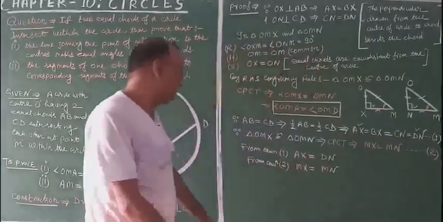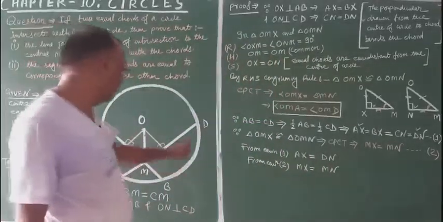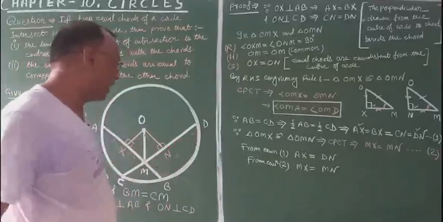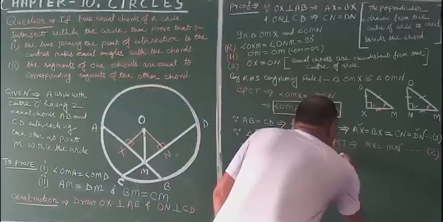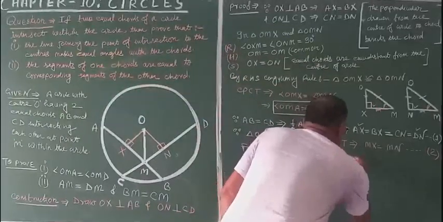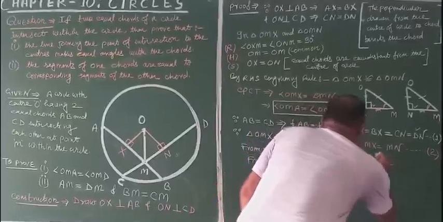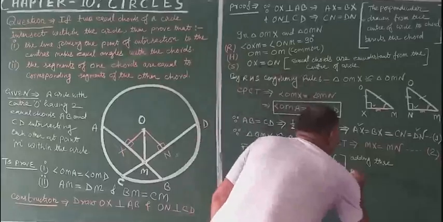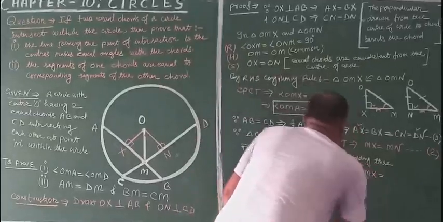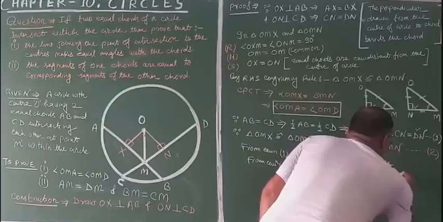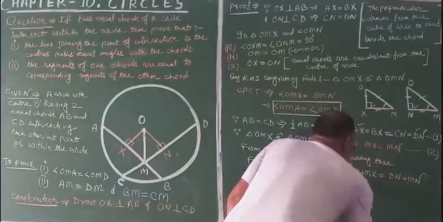If we add them, AX plus MX and DN plus MN. Now just add them. Adding it. What will you get? Just look at the left hand side. AX plus MX is equal to DN plus MN. Now just see here.